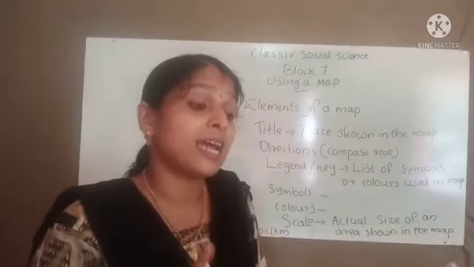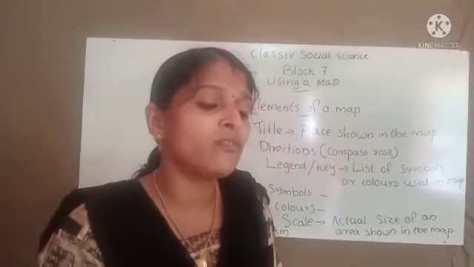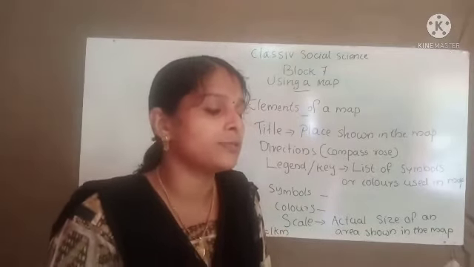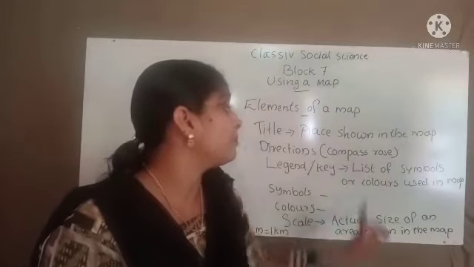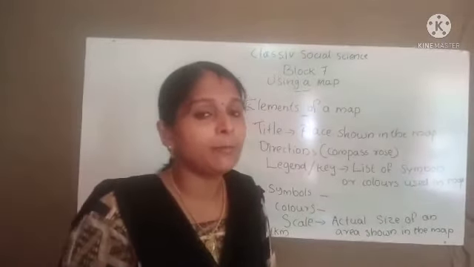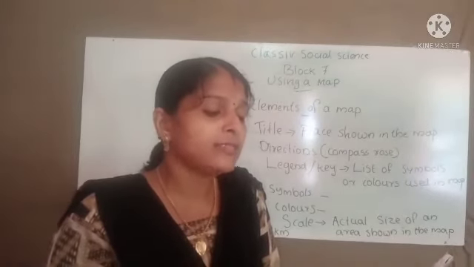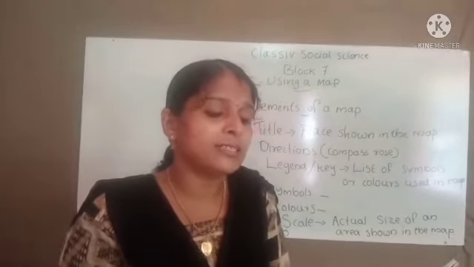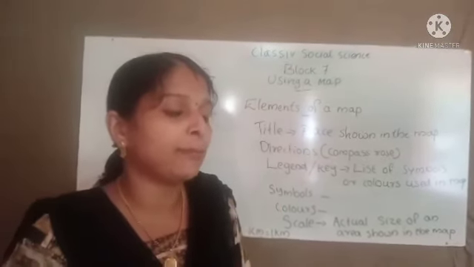Yes, it is title. Third one, a legend is a dash of all symbols and colors used in the map. A legend is a list of symbols and colors used in the map. Okay. Next one, a scale tells us the actual dash between two places shown in a map.